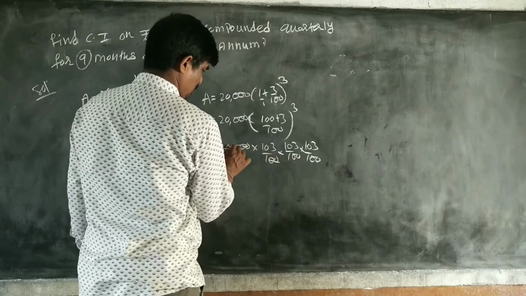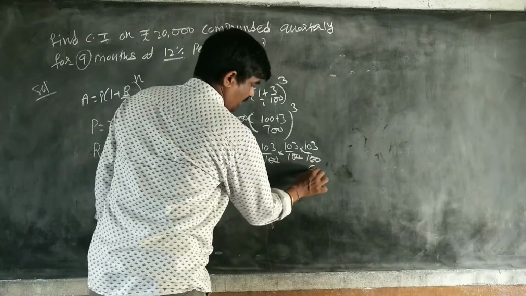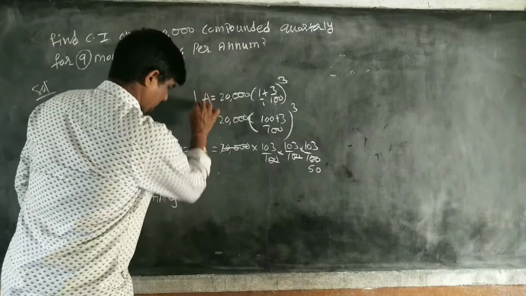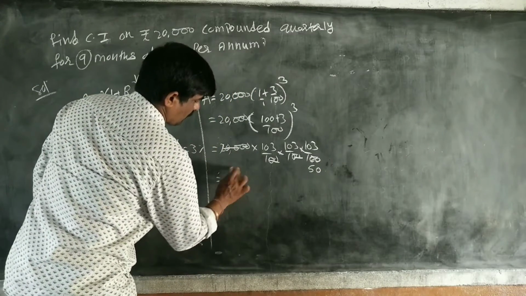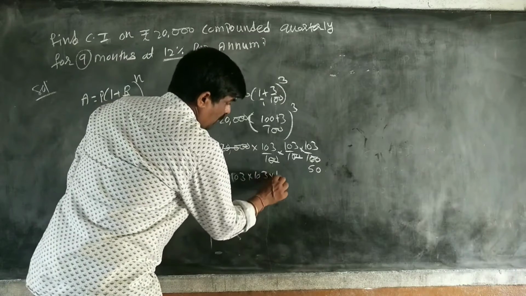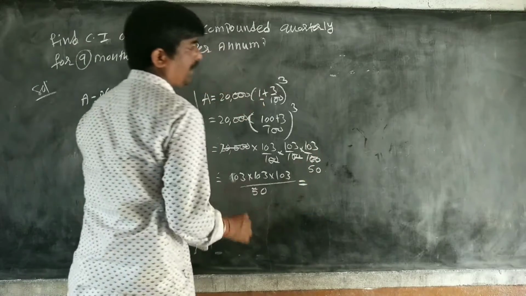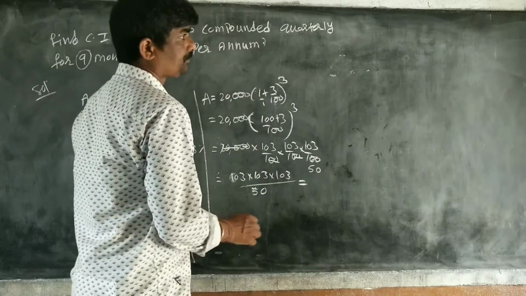Zeros get cancelled, and simplifying gives 103 into 103 into 103 by 50. Simplify. You are getting the answer, how much?